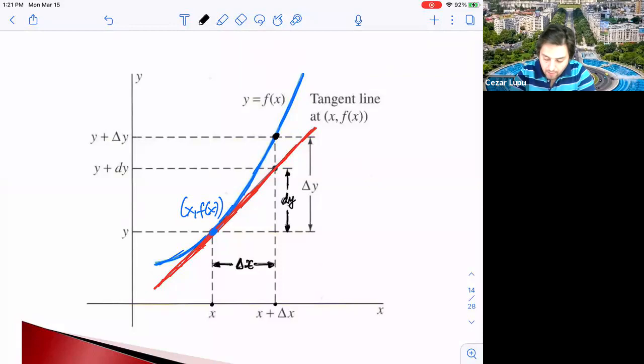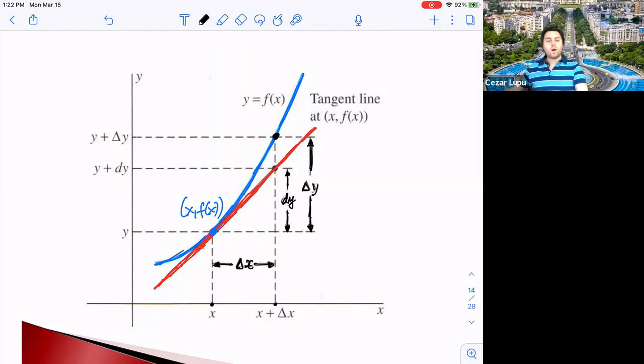Oh, sorry, dy, I'm sorry. Okay, so that's the classical picture: we have the graph of a function, we take the tangent line, and we can see what all these things are.